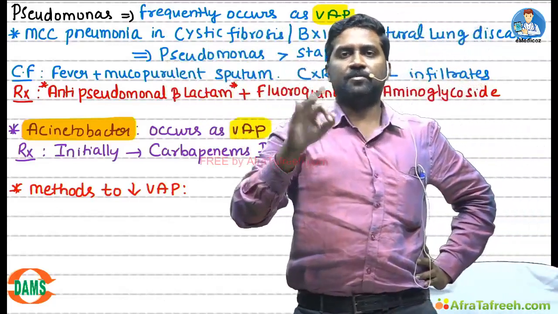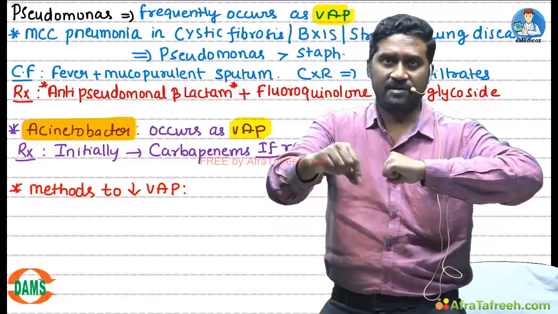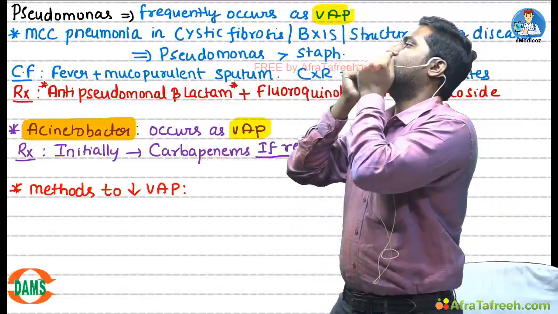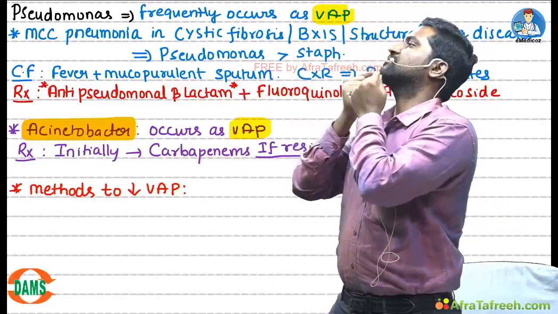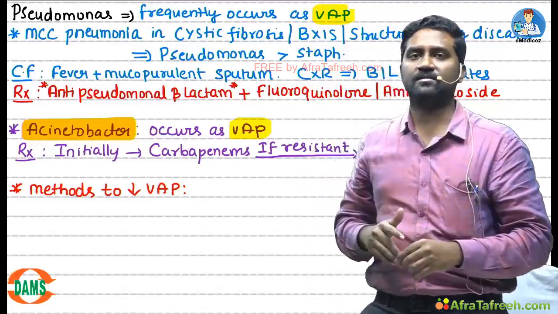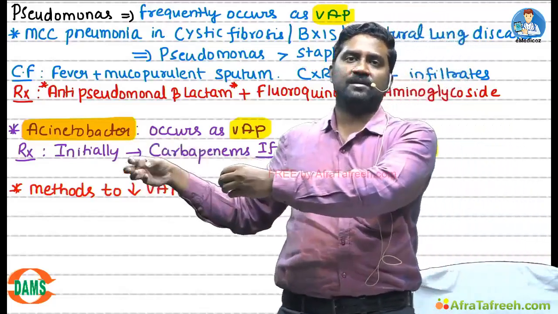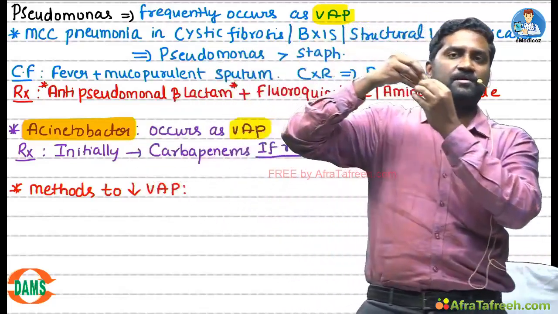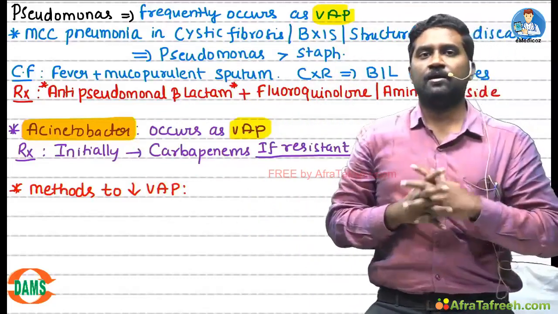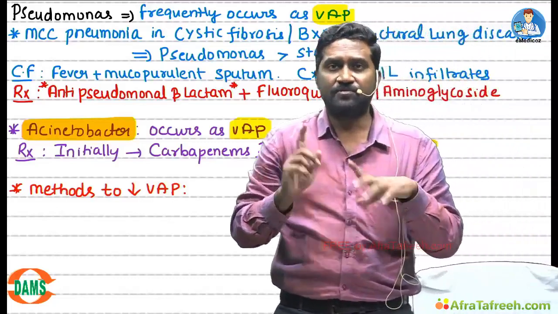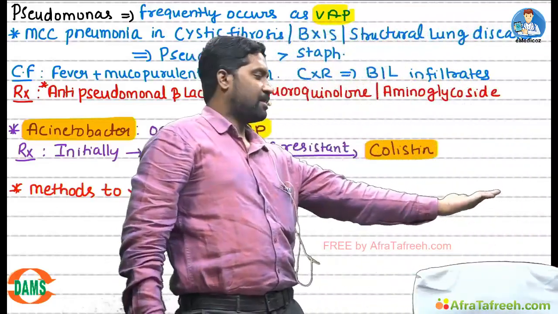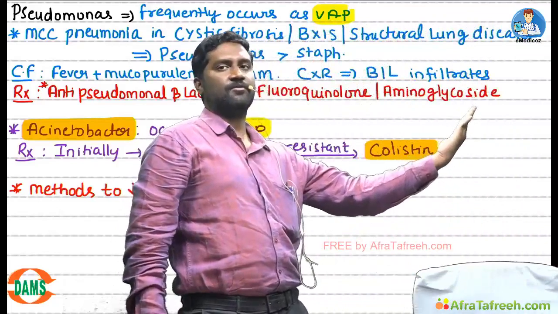So 3 important mechanisms: while inserting the tube, as long as the tube is in the oral cavity, along the walls of the tube, organisms from the oral cavity can descend into the lower respiratory tract, and from the ventilator, organisms go directly into the tube, and from the tube into the lung. Now what are the methods to reduce ventilator associated pneumonia? First method is to elevate the head of the bed 30 to 45 degrees.